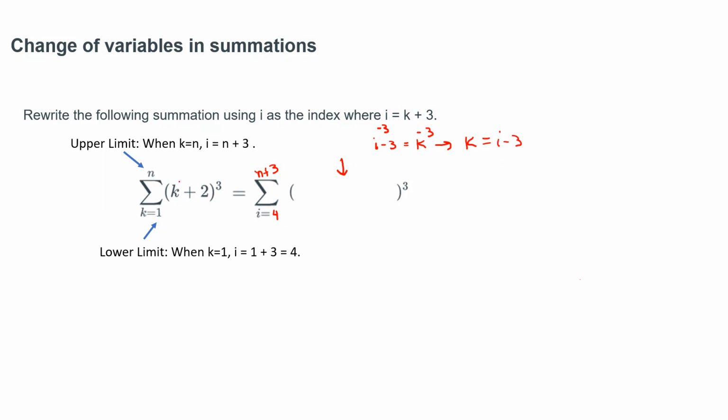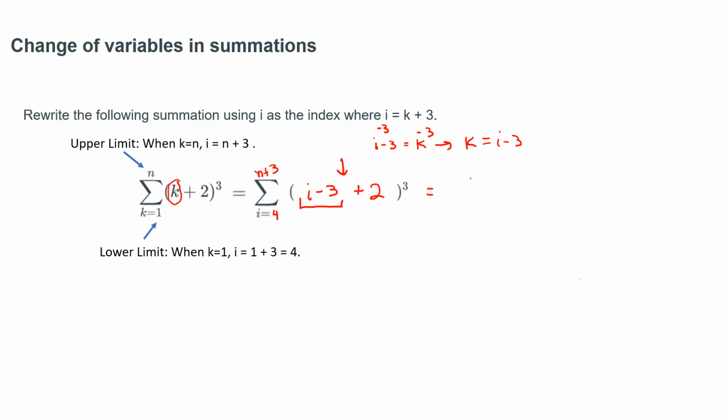Everywhere I saw a K, I'm going to put I minus 3. So I'll say I minus 3, that's the K, and then I have the plus 2. I just replaced the K with the I minus 3.